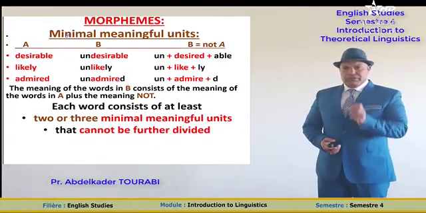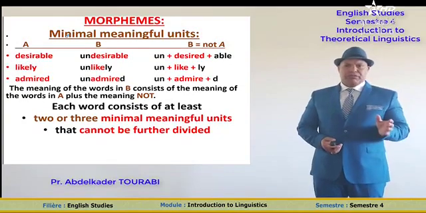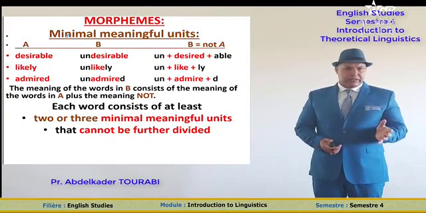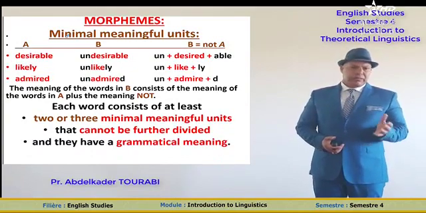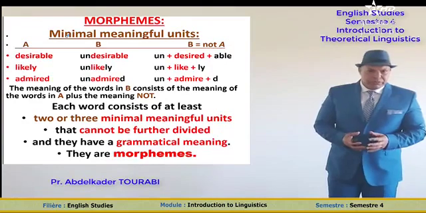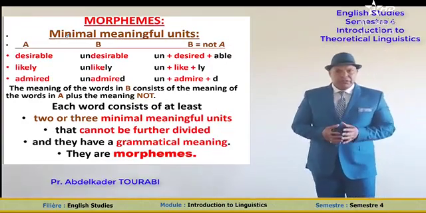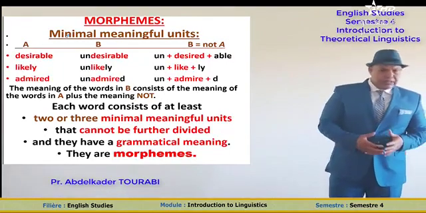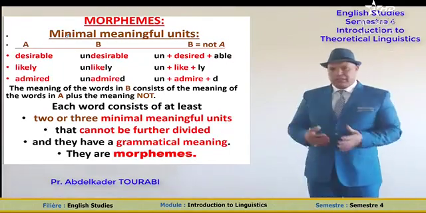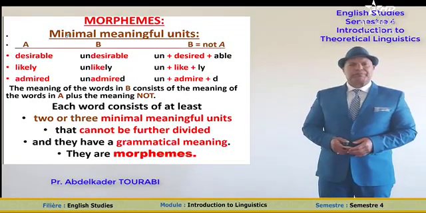Those meaningful units can't be further divided or analyzed, and they have grammatical meaning. So they are morphemes. So what is a morpheme? A morpheme is the meaningful unit that can't be further divided, and it has a grammatical meaning or grammatical function.